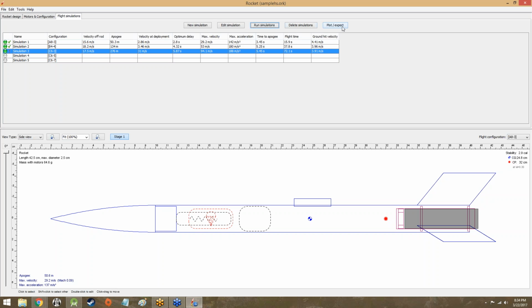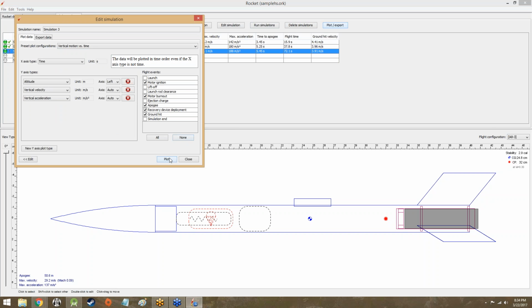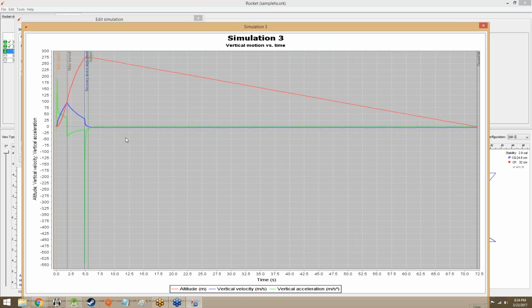So let's go ahead and take a look at this plot. Now, that doesn't look right. Here's the confusing thing.